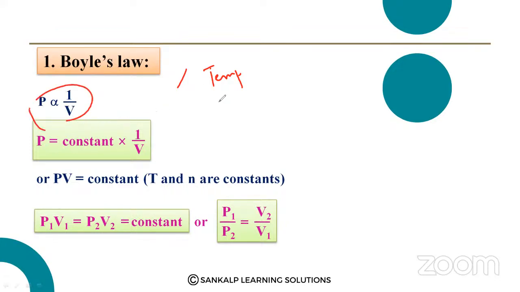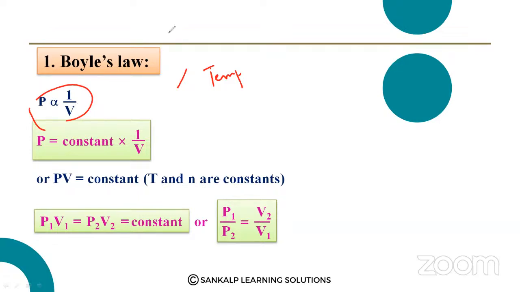So it was given as pressure is inversely proportional to its volume. When you remove the proportionality sign, you introduce a constant.